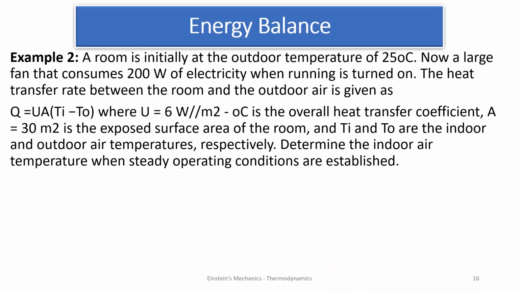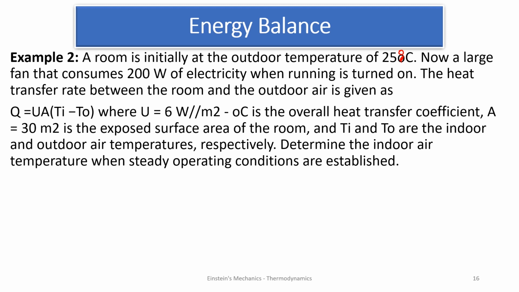Our second problem. A room is initially at an outdoor temperature of 25 degrees Celsius. Now, a large fan that consumes 200 watts of electricity when running is turned on.